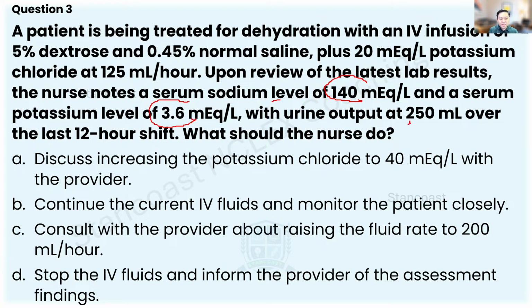However, your patient's urinary output is only 250 mLs over the last 12 hours. So what is the hourly urine in this patient?